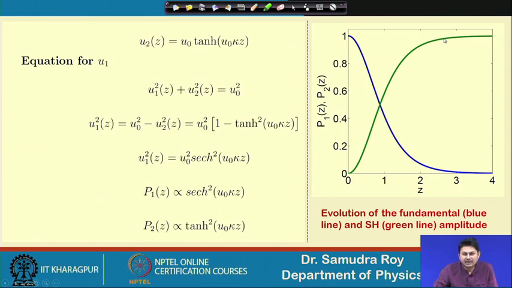That means when the second harmonic is gaining the maximum energy out of the fundamental wave, there is no way that it can change its amplitude, because the total energy is conserved. Since the total energy is conserved, there should be a saturation.